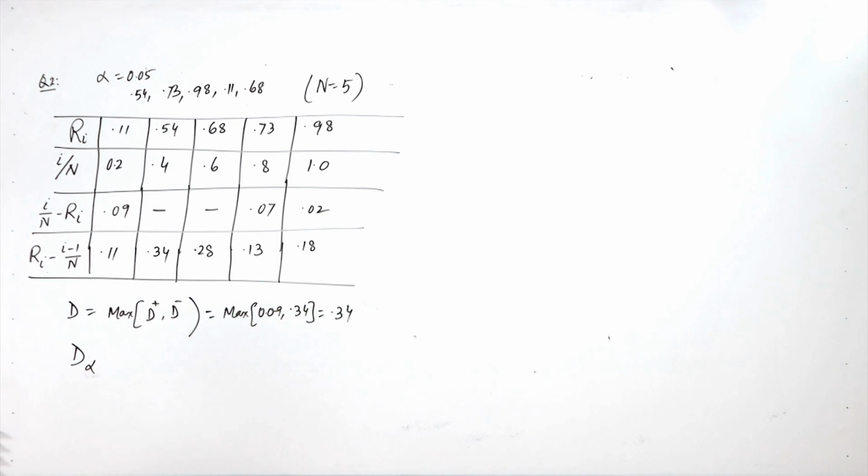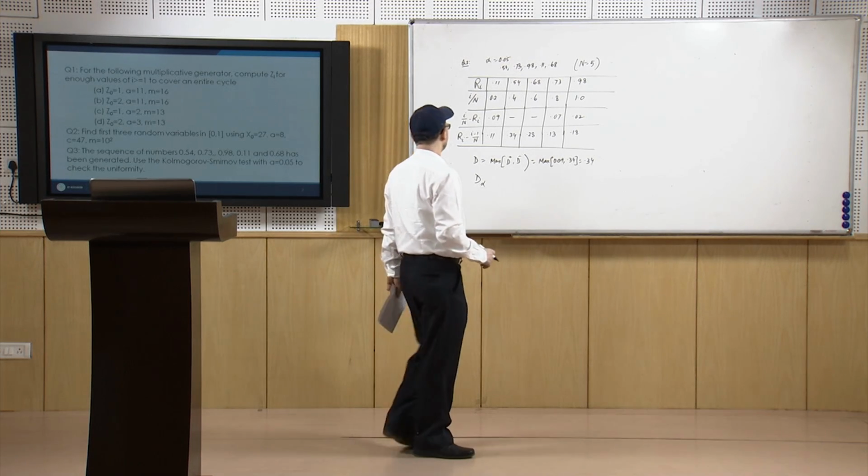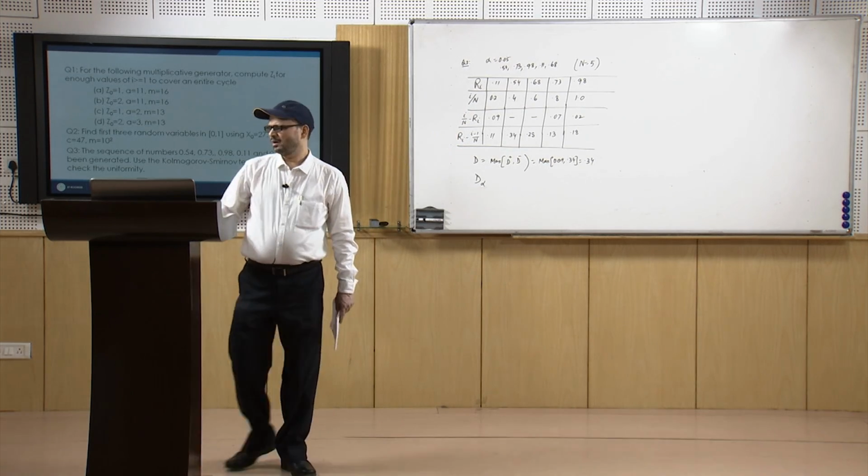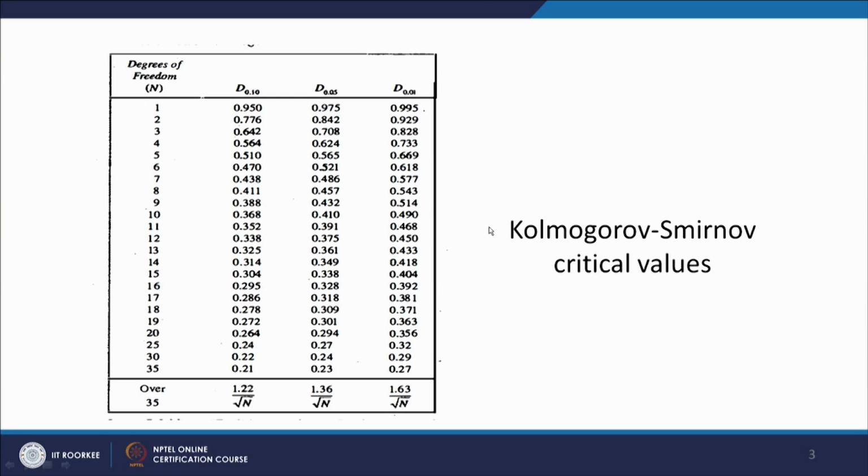You have 5 readings and D alpha, so we have to look at the Kolmogorov-Smirnov critical value table.